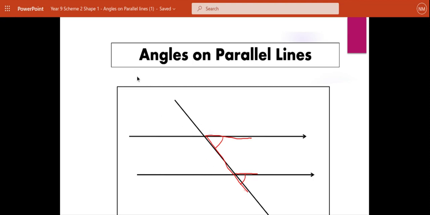I'd like you to press pause and write down the rule that corresponding angles are equal. It'll make a bit more sense when I put some numbers into the diagrams in a minute when we do the examples. So that's an F shape. Corresponding angles are F shapes.